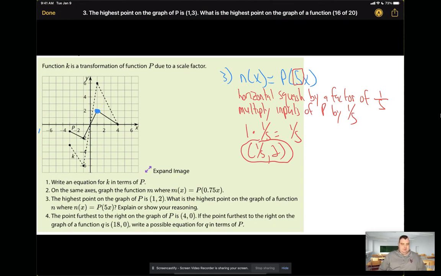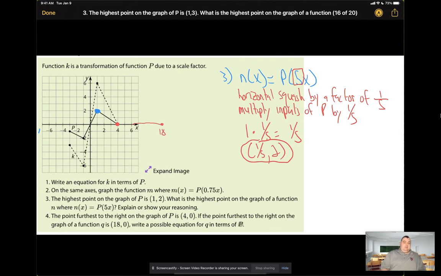Okay. The farthest point to the right on the graph of P is 4, comma 0. Okay. If the farthest point to the right on the graph of a function q is 18, comma 0, so 18 is somewhere over here. Okay.